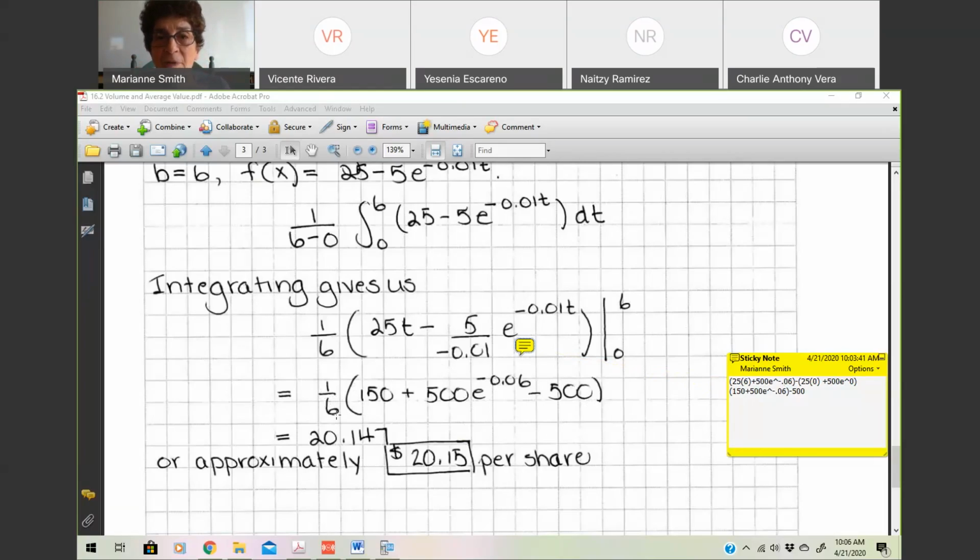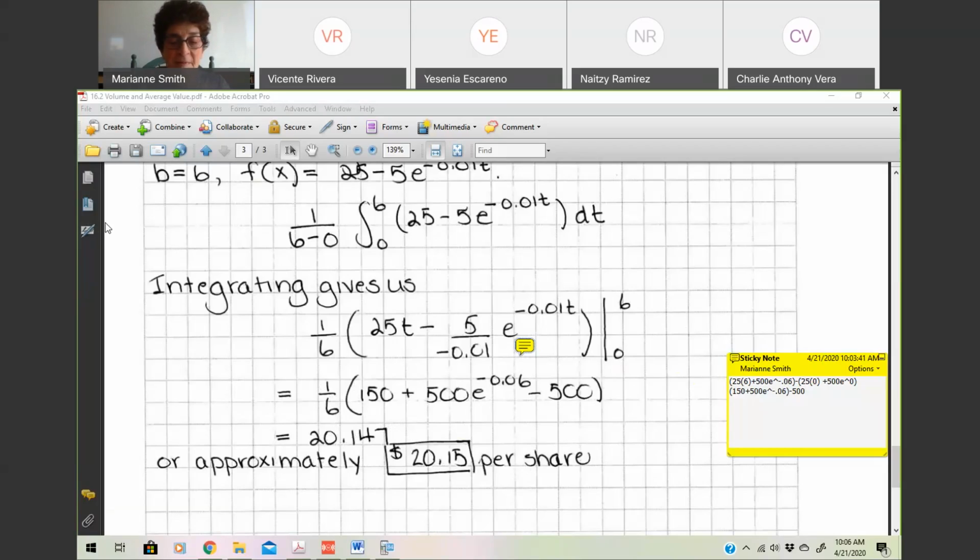Since this is the average value of a stock, it makes sense to round to the nearest hundredth, dollars and cents. So at least pull one more decimal place so you can do that kind of rounding. This comes out to 20.147, which means my stock average value is about $20.15 a share.